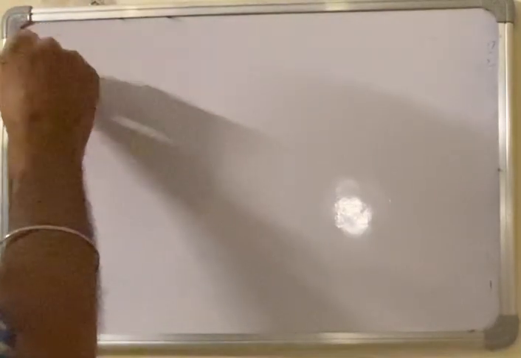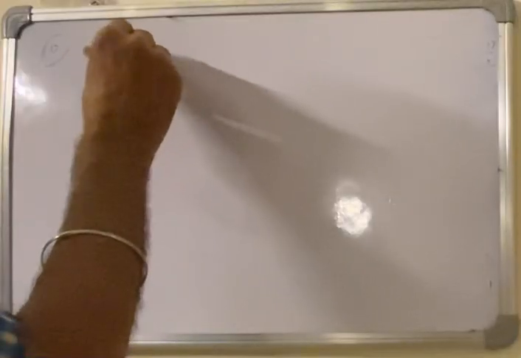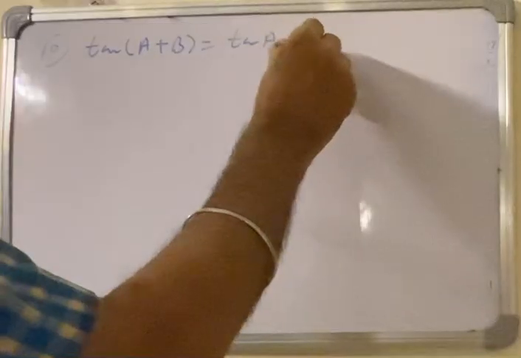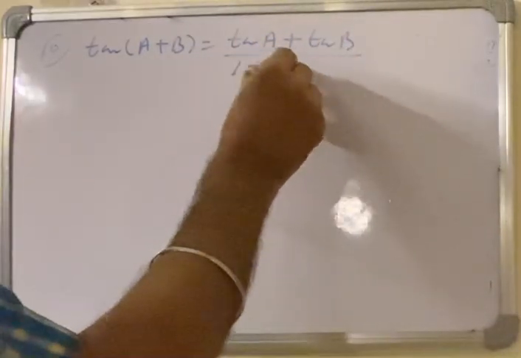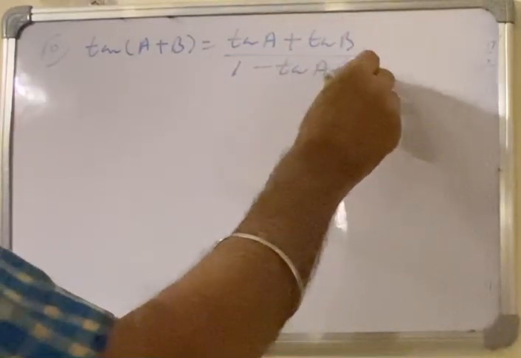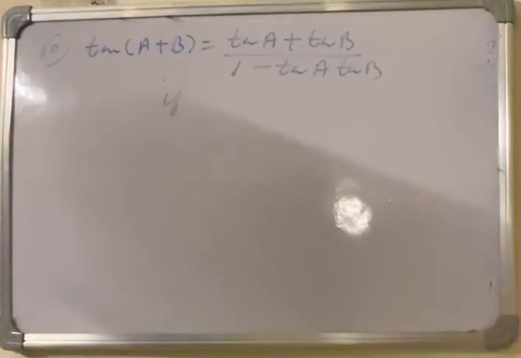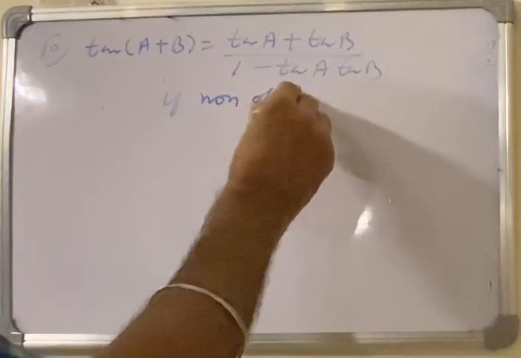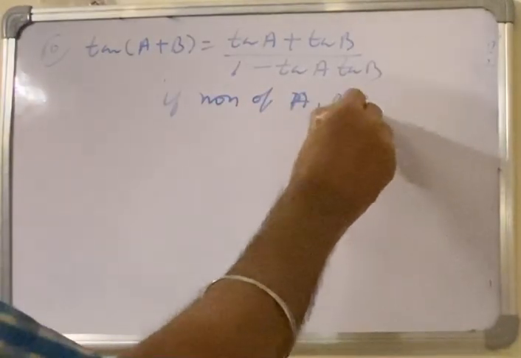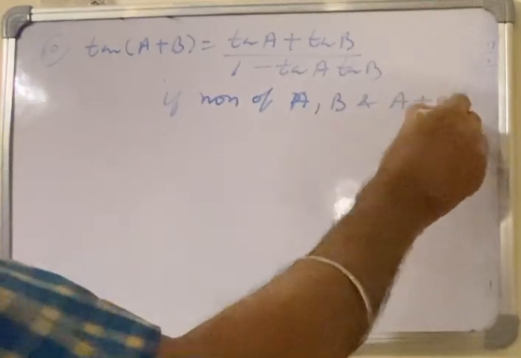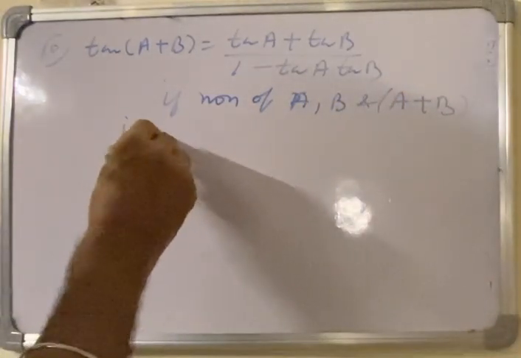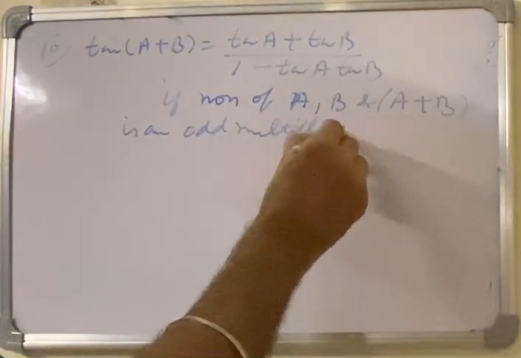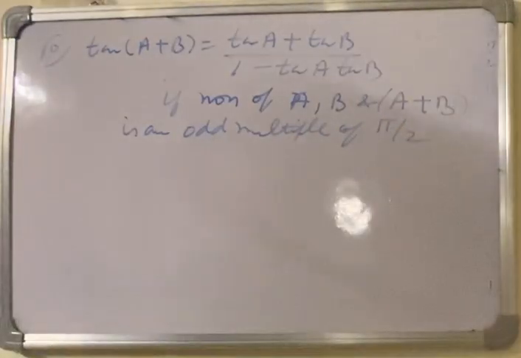Tan A plus B is equal to tan A plus tan B over 1 minus tan A tan B, if none of A, B and A plus B is an odd multiple of pi by 2.